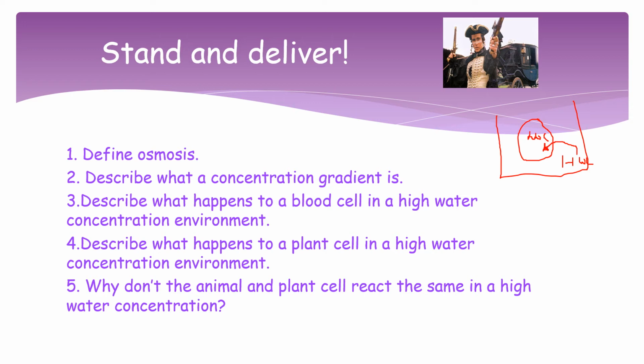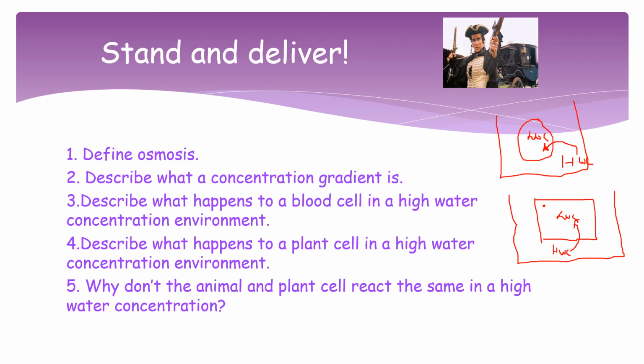Now that is not the same with a plant. So question 4 asks what is going to happen with a plant. If we have our plant cell and we've got our high water concentration outside and our low water concentration inside, our water is still going to move through osmosis, so it's still going to go from the high water concentration to the low water concentration.